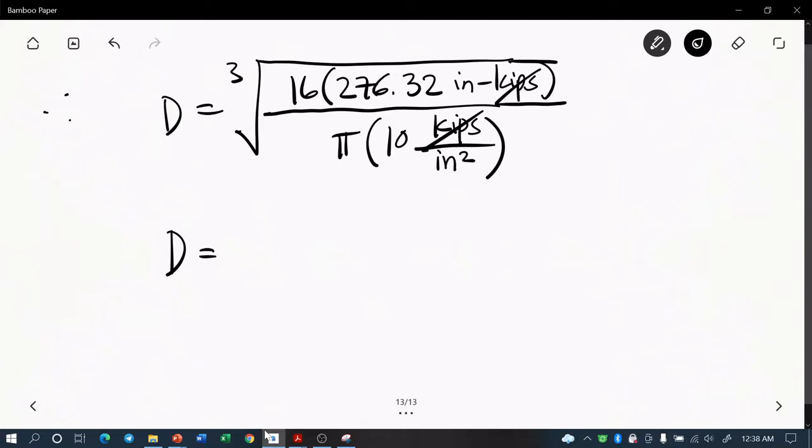Simplifying this equation, we have a diameter of 5.20 inches.